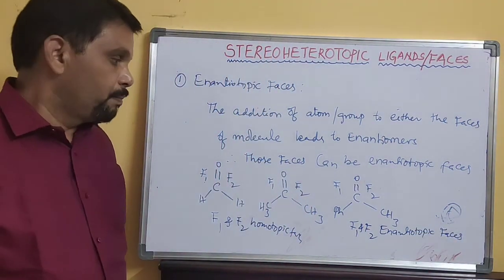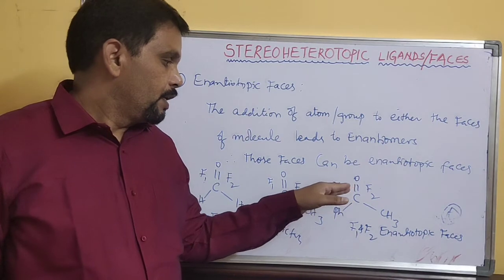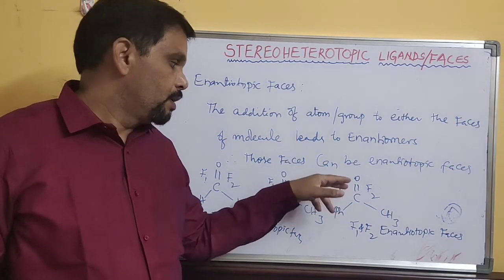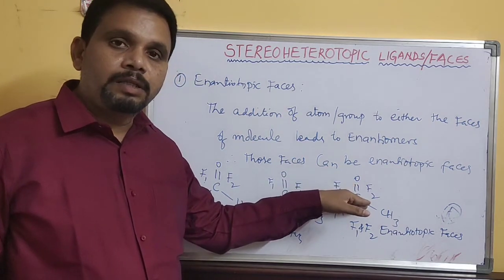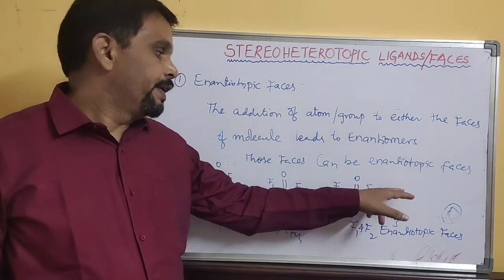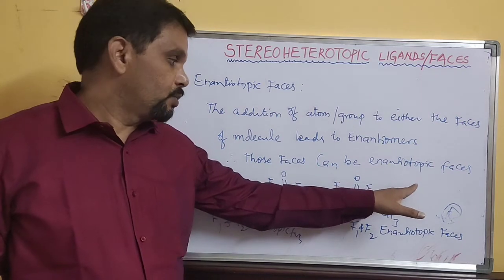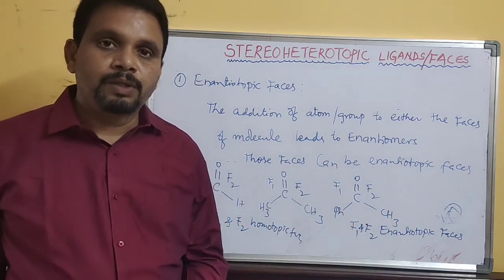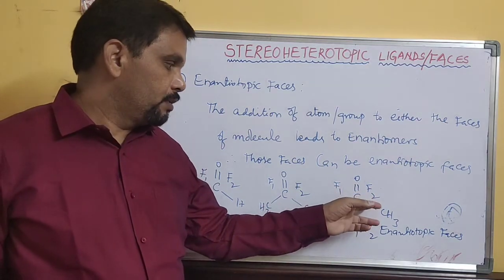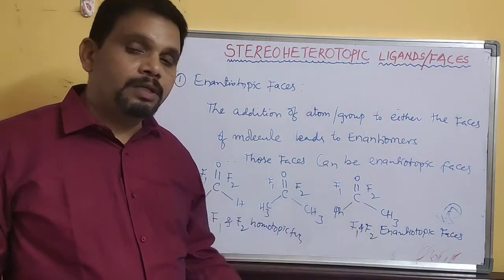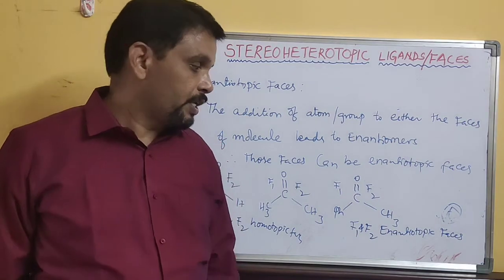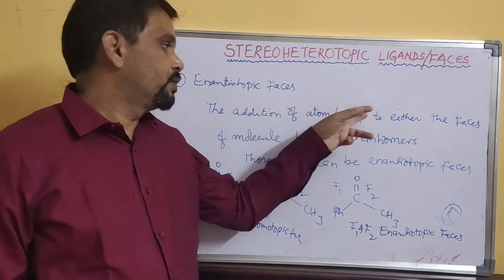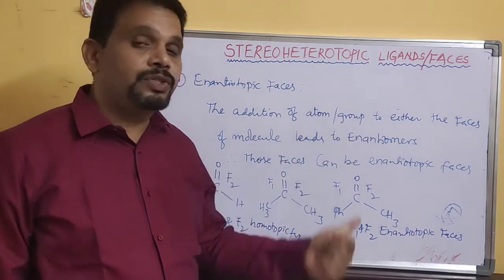Because if the new atom or group is added towards face 1, that will give one isomer. If that atom or group is added towards the other face, that will give another isomer. So this molecule can produce enantiomers by addition of an atom or group to either face.